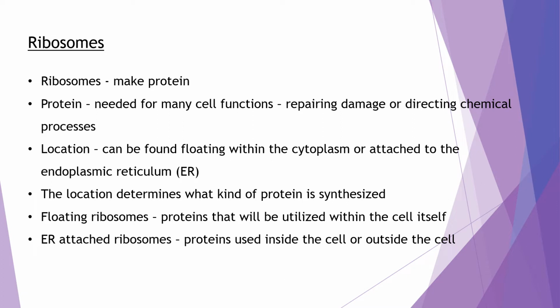The floating ribosomes produce those proteins that will be utilized within the cell, whereas the endoplasmic reticulum attached ribosomes are responsible for the synthesis of those proteins that may be used inside the cell or exported to the outside of the cell.